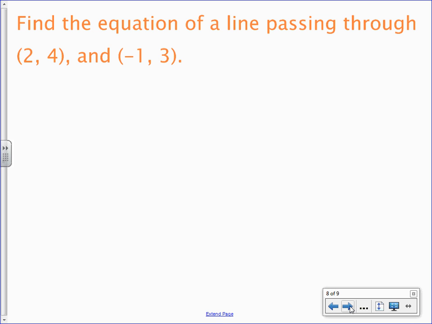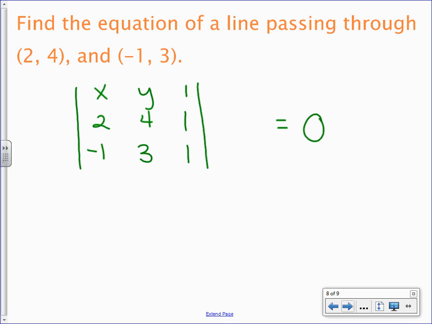Okay, so here are my 2 points. I'm going to put in a generic x, y coordinate. That way we're actually going to have an equation with variables. There's our 2 variables. Okay, we have the coordinate 2, 4, and we have the coordinate negative 1, 3. We know that this better equal 0 because it's a line.